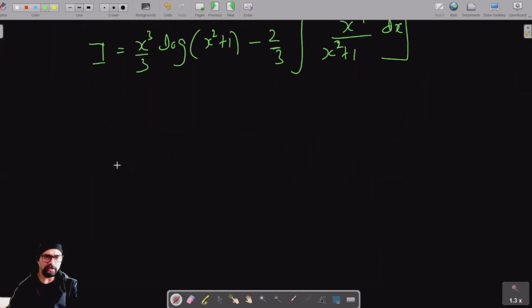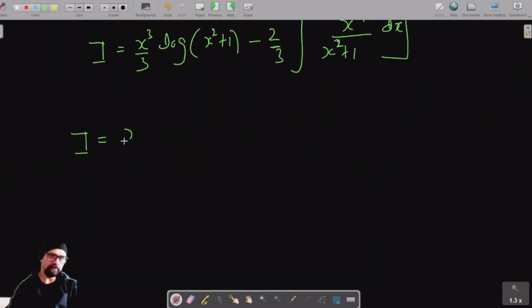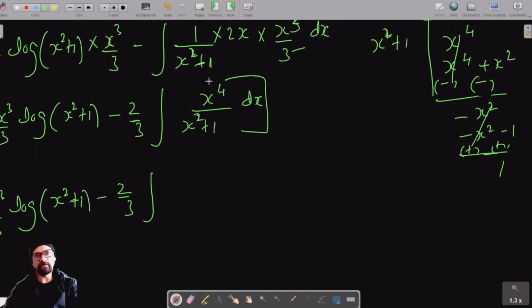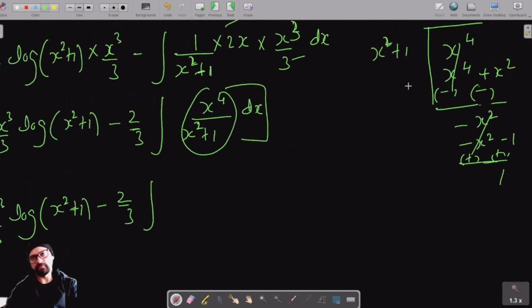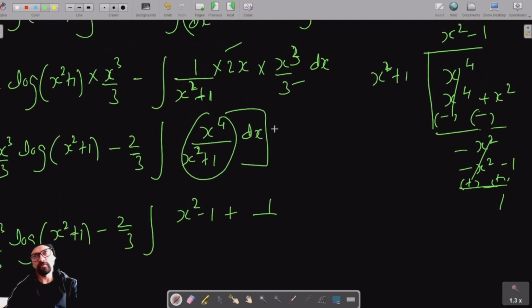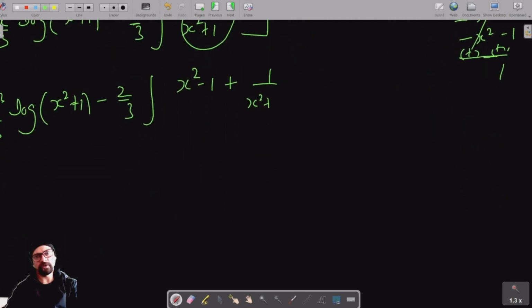So this integration, I can write it as I is equal to x cubed upon 3 into log of x squared plus 1 minus 2 by 3, and instead of x raised power 4 by x squared plus 1, I can write x squared minus 1 plus 1 upon x squared plus 1 into dx.